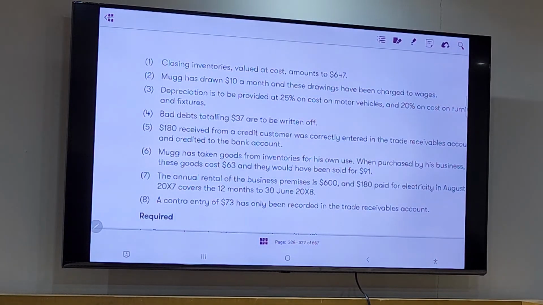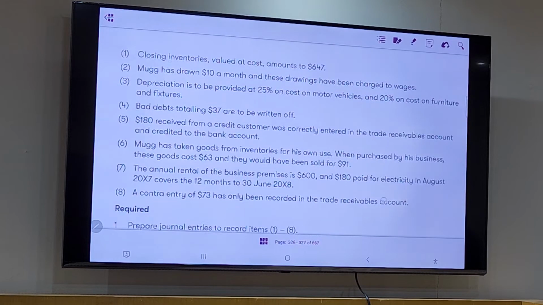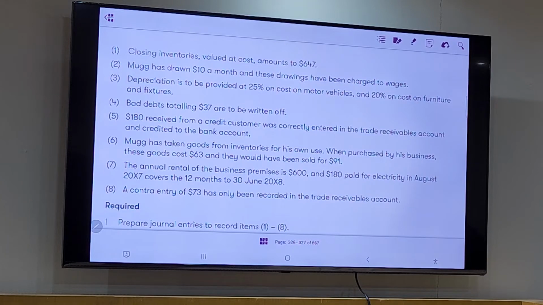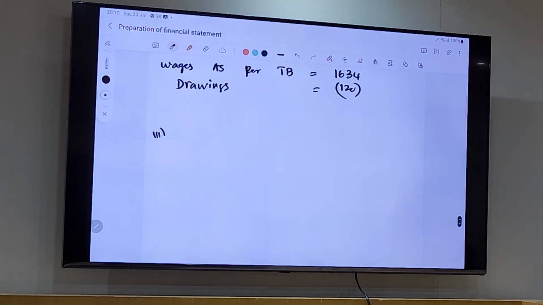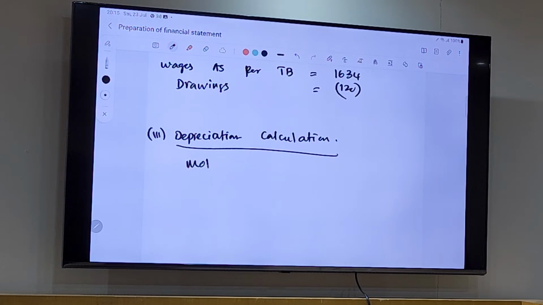Depreciation is to be provided at 25% on cost on motor vehicles and 20% on cost on furniture and fixtures. So can we now calculate motor vehicles?